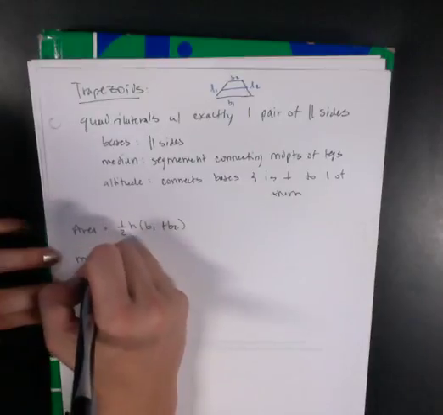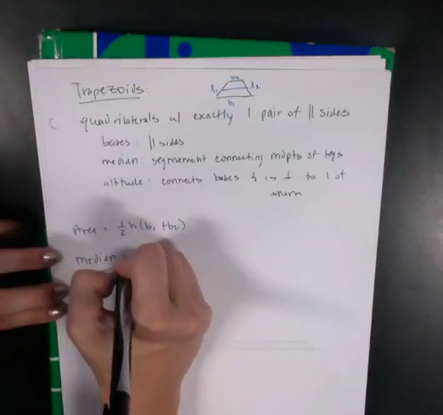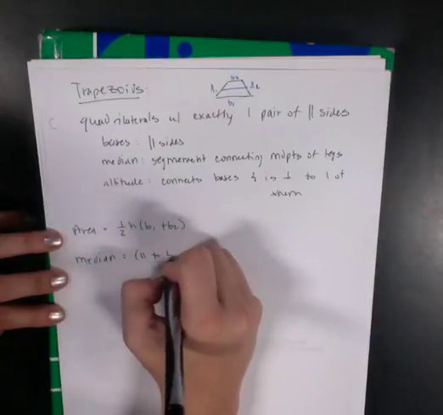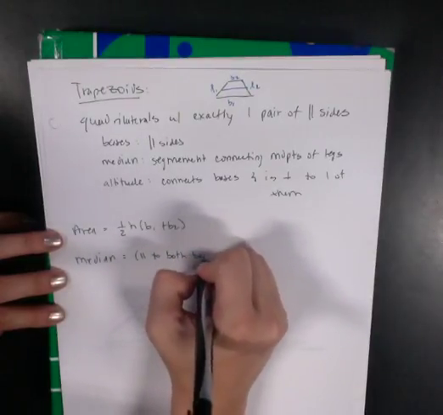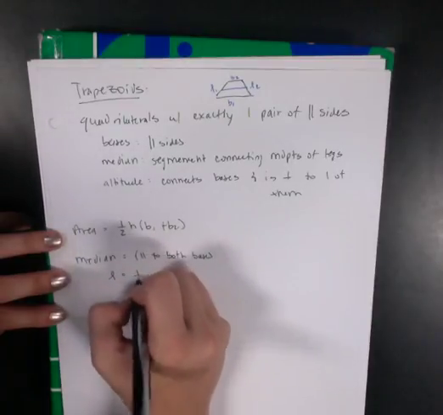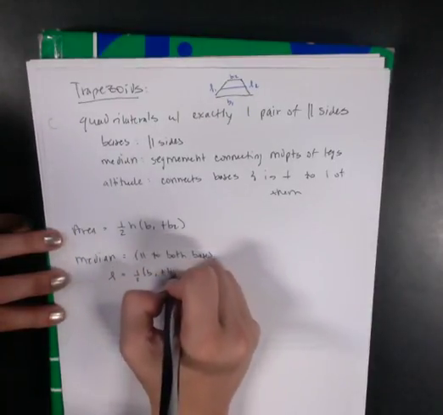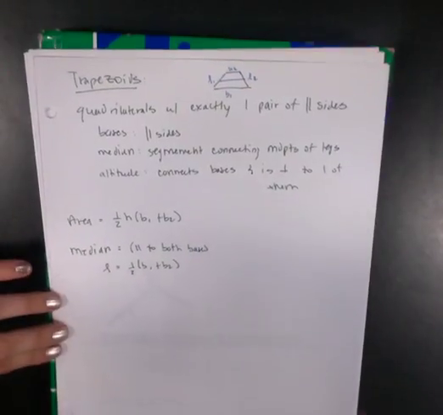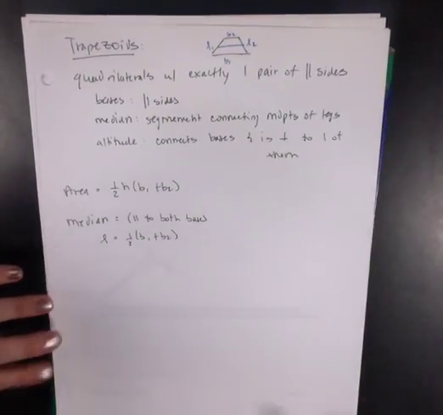And the median is parallel to both bases. And the formula for the median, L, is 1/2 base 1 plus base 2. Okay? All right, I know it's a lot of writing today, but we're not done.